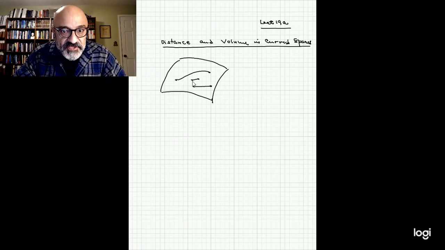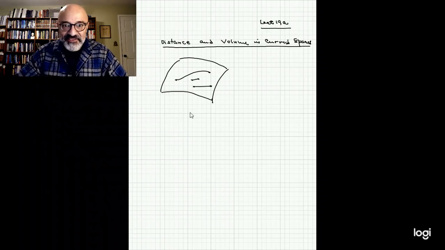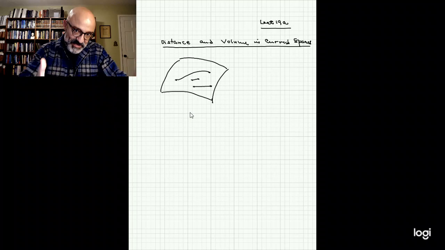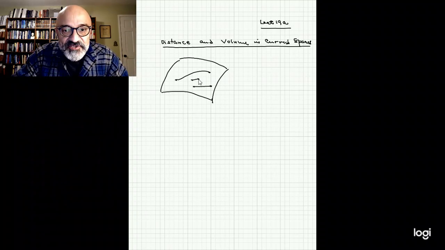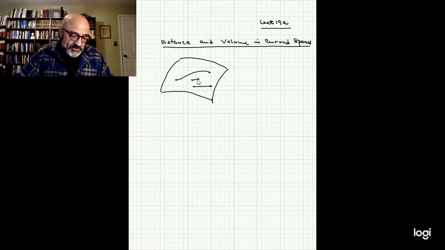Just because this looks shorter to you than that segment, because it's drawn on the flat geometry of the digital tablet, that does not mean that in reality, for the statistical manifold, this one is indeed shorter. It may very well be longer. So we want to have the tools to talk about those things.